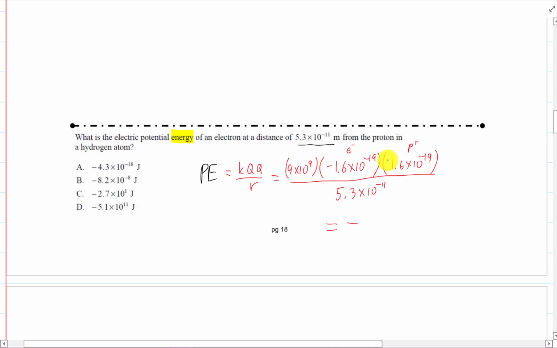So we worry about signs with this formula, and it'll be 4.347 times 10 to the negative 18th joules.